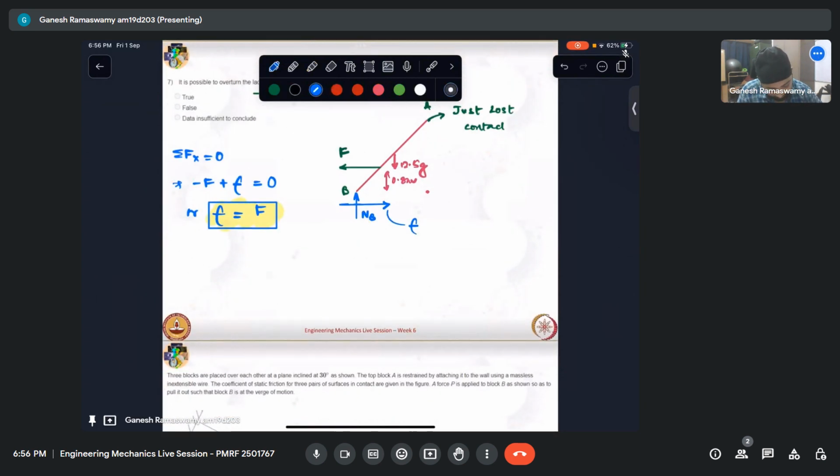Now sigma Fy equaling 0 gives me Nb minus 12.5 G equaling 0, because at A it has lost contact. So Nb comes out to be 12.5 G, which is 122.625 Newton. So far, so good.